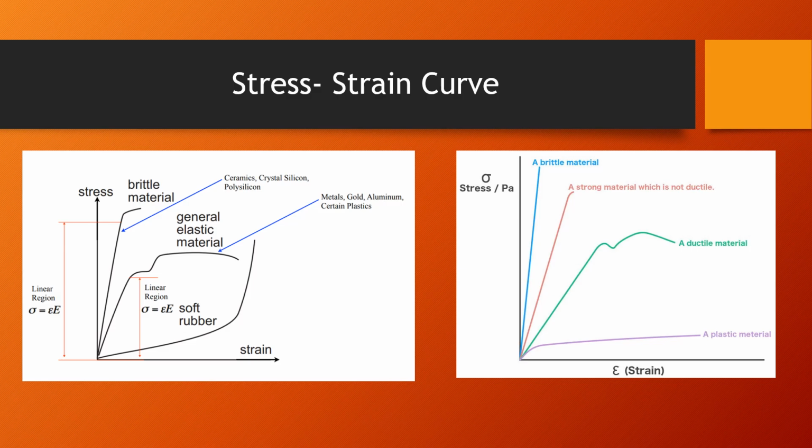In the case of brittle materials or ceramics, they deform elastically, and after some point they cannot take a lot of plastic deformation. Once they reach the yield point, they fracture.